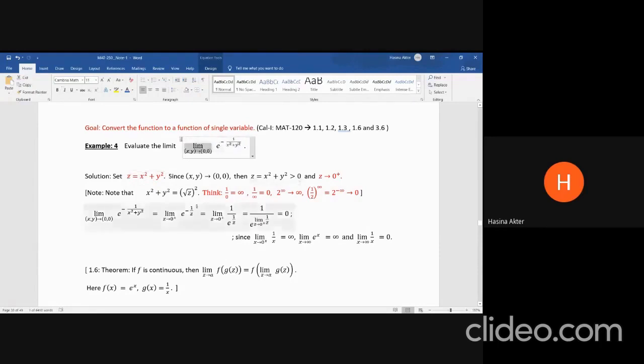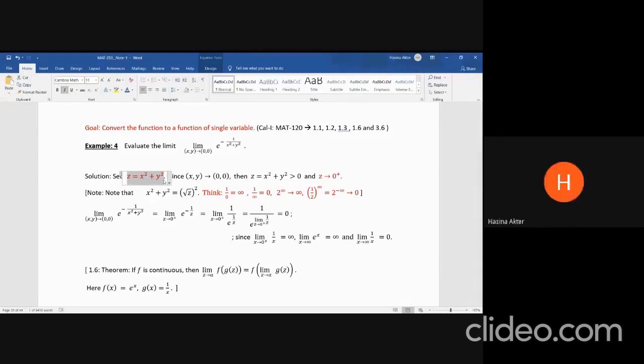Now look at z. The value of z is greater than or equal to 0. If x and y both are close to 0, then their squares are close to 0, and so z must be close to 0. Do you understand that? Yes, miss.